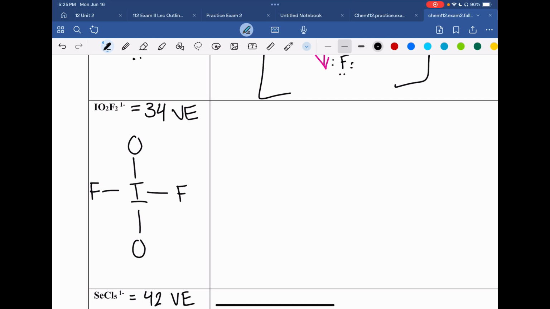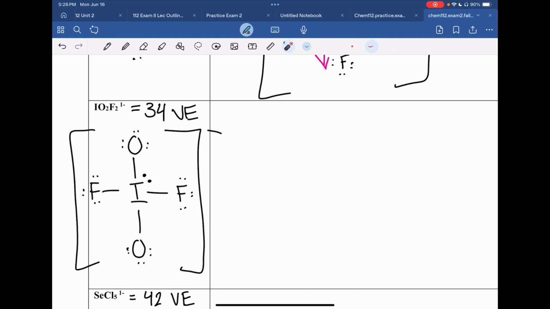I currently have 2, 4, 6, 8, so here comes 10, 12, 14, 16, 18, 20, 22, 24, 26, 28, 30, 32, and here's 34. All the octets are full, so what's left is to put them in the central atom. Don't forget this is an ion.